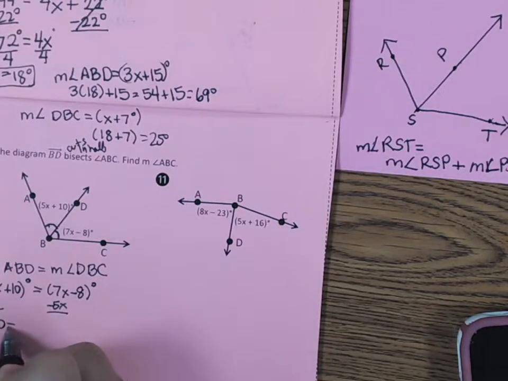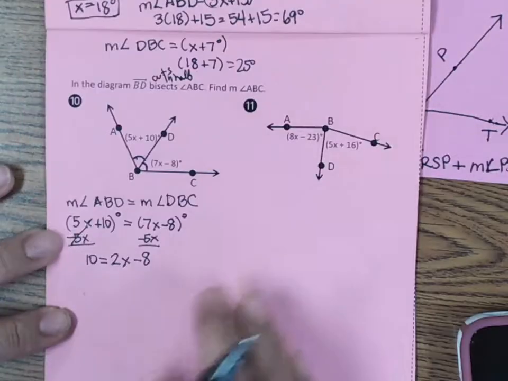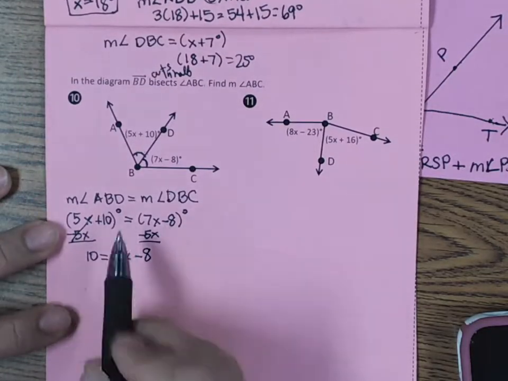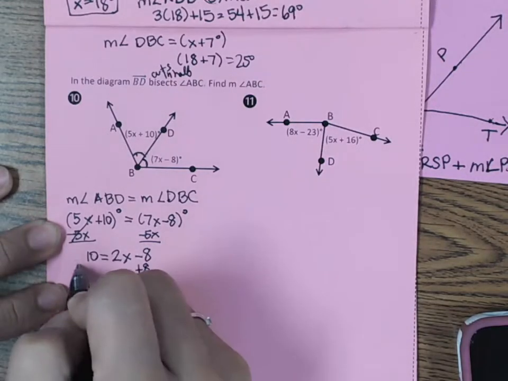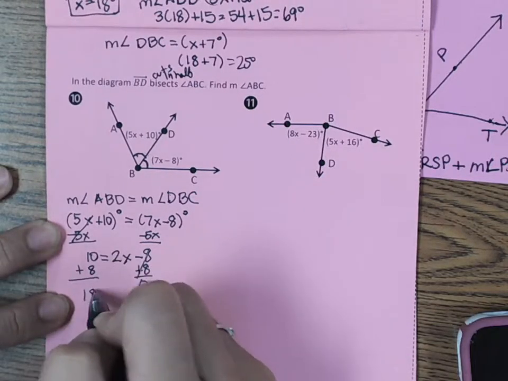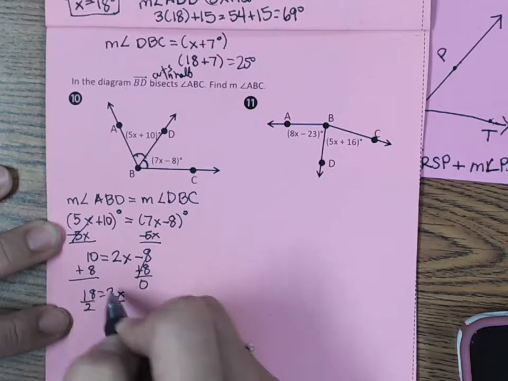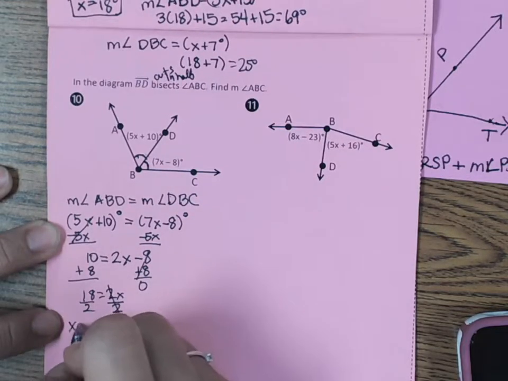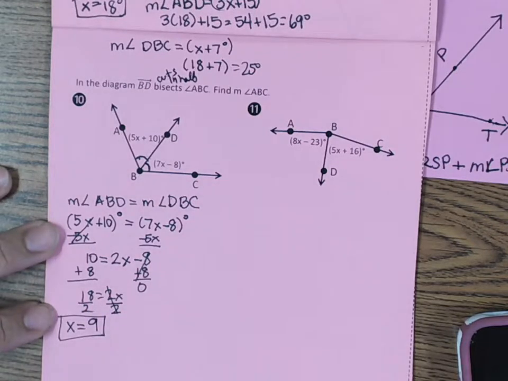Okay? 10 equals 7x minus 5x is 2x minus 8. Okay. Now, add 8 to both sides. And 18 equals 2x. And divide by 2. x equals 9. Okay, I'm not done.